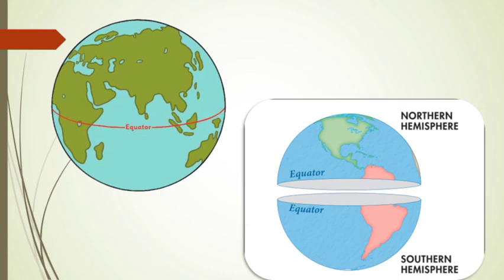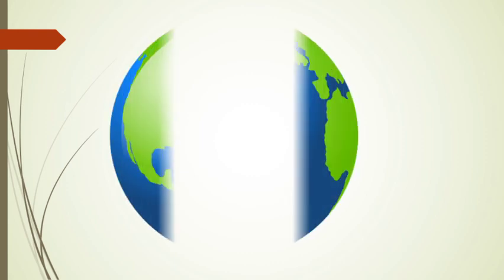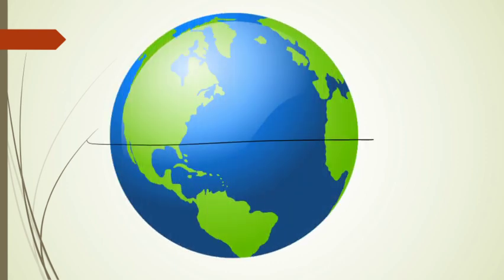Now look at the second image. Here is the North Pole and here is our South Pole. And this is our equator, which is passing through the midway and dividing the Earth into two equal halves. In this image, this is our equator.